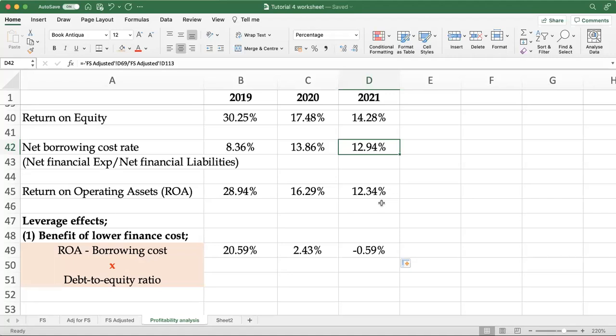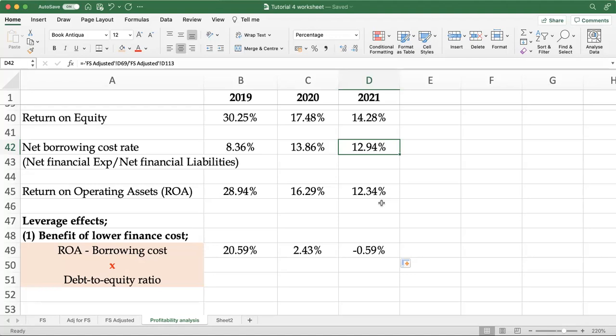The company has borrowed money at a rate larger than the return generated from operating assets.